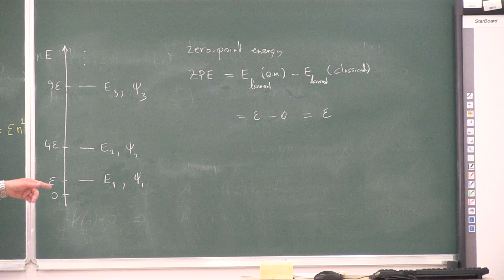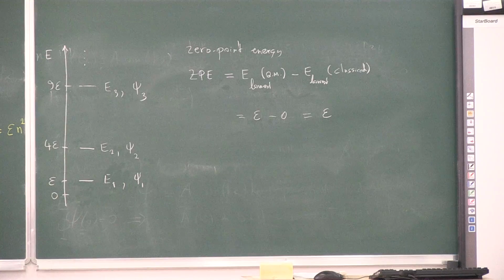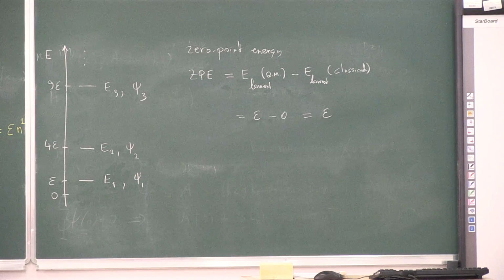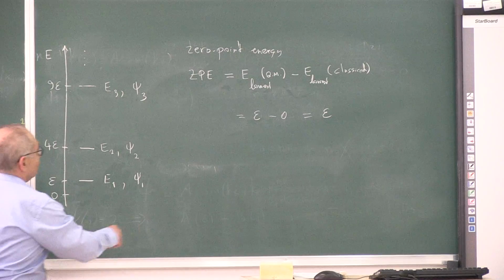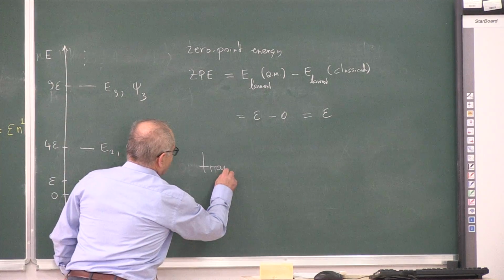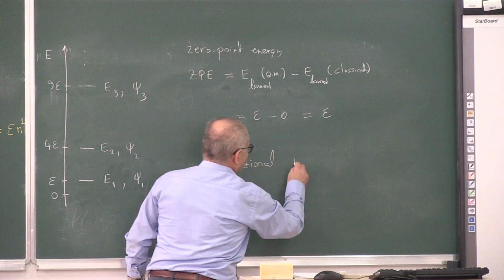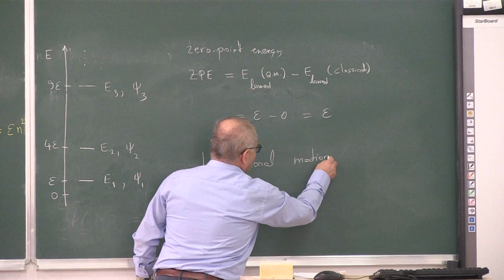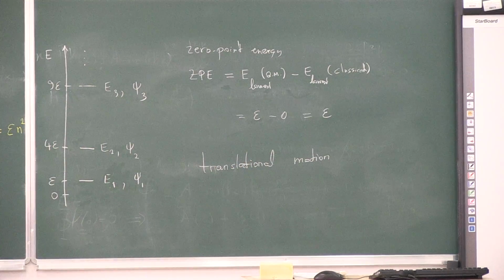Now, let us examine how we can describe this type of motion. Motion along a straight line is called translational motion. Rotational motion is this way, rotating in space.